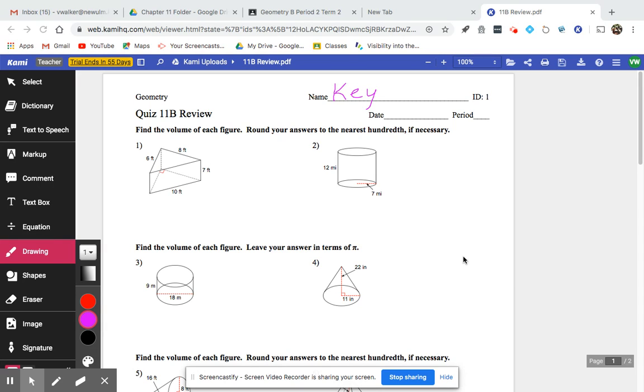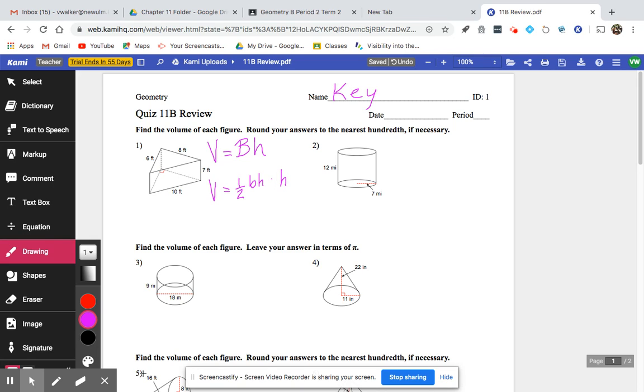So here I've got a triangular prism, and the formula that I want to use is V equals capital B times H, where capital B is the area of the base. Now, the base is a triangle, so we got 1/2 times base times height times another height.